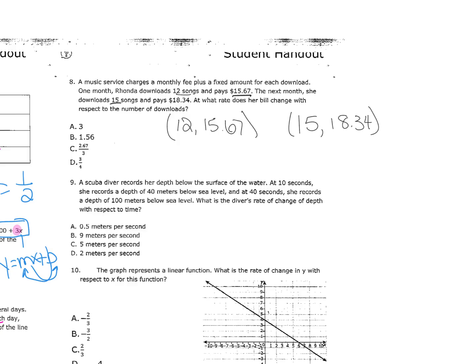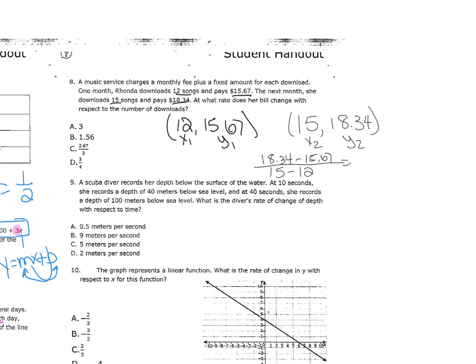Okay. And I know these are points because I can say 12 songs, she pays $15.67. My input is songs. My output is the cost. Okay, that's my Y. And then I'm going to label my 2 points and plug them into my slope formula. So y2 minus y1 over x2 minus x1.